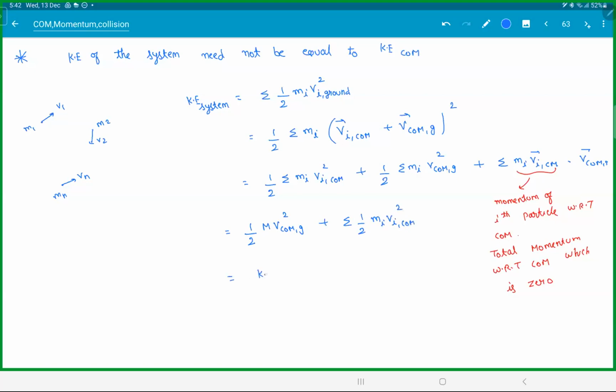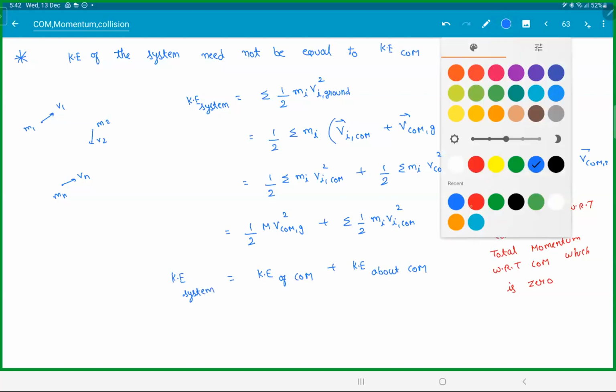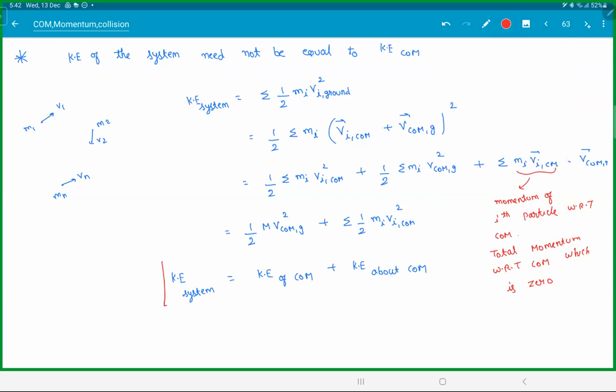This can be written as kinetic energy of center of mass, means you treat the center of mass like a particle, find the kinetic energy, plus this is the velocity with respect to the center of mass, so kinetic energy about center of mass. So this is actually the formula for kinetic energy of a system. You can't say kinetic energy of center of mass is equal to kinetic energy of the system. It works for momentum, it works for potential energy, but for kinetic energy, it doesn't work.